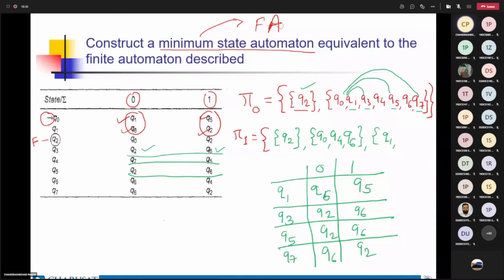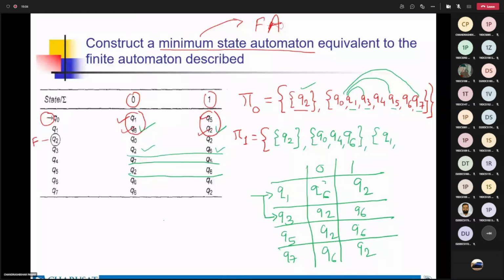I mentioned the transitions of Q1, and I had written the transitions of Q0. The transitions of Q1 are Q6 and Q2. Okay, now let's check the transition of Q1 with Q3, whether Q1 is equivalent with Q3 or not. So Q1: Q6 and Q2.